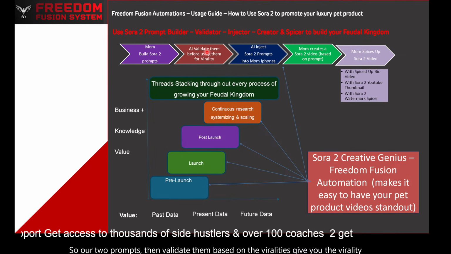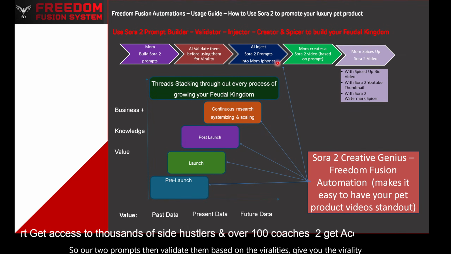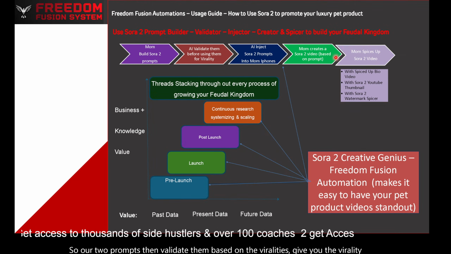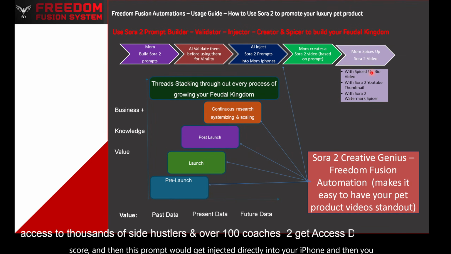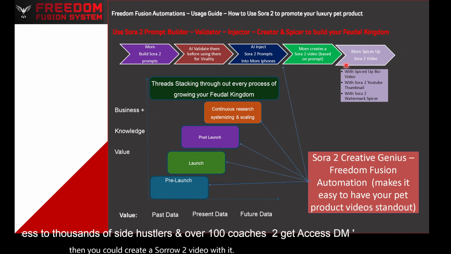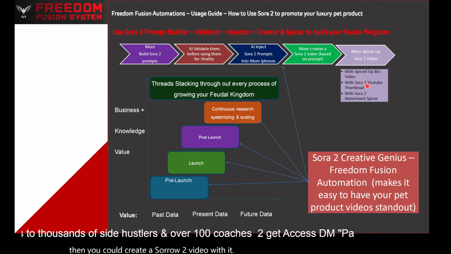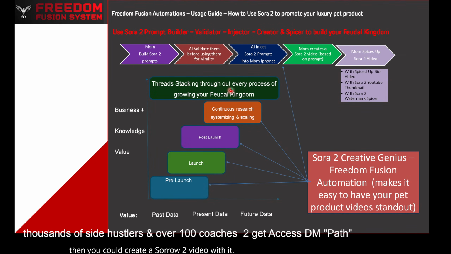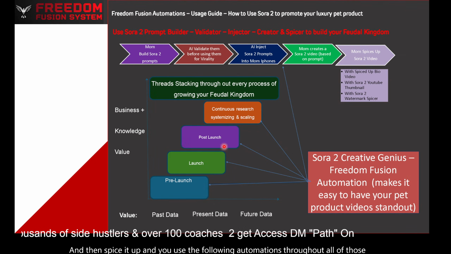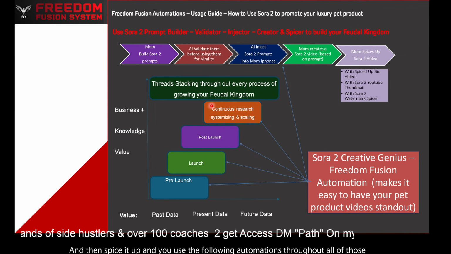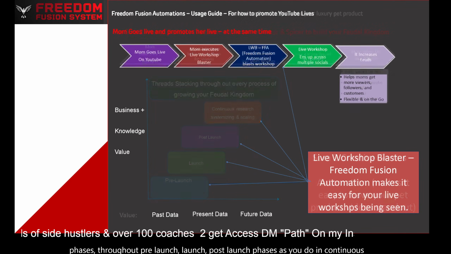Then this prompt gets injected directly into your iPhone, and you can create a Sora 2 video with it, spice it up, and use the following automations throughout the pre-launch, launch, and post-launch phases, as you do continuous systemization and scaling.